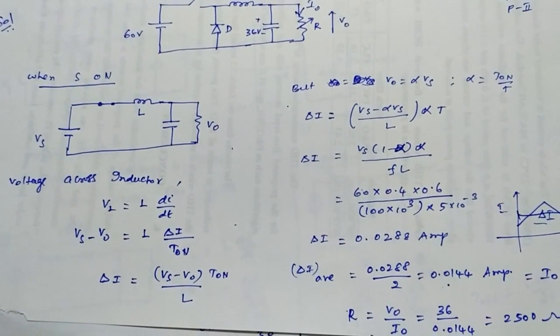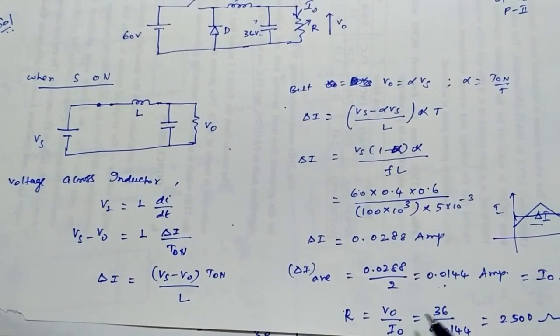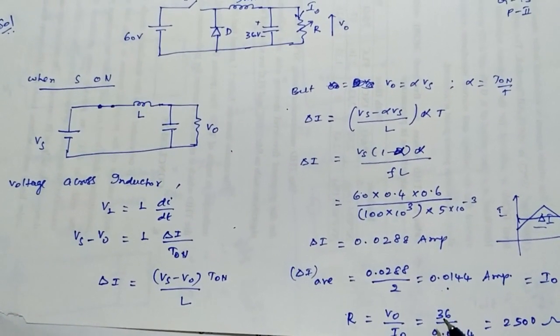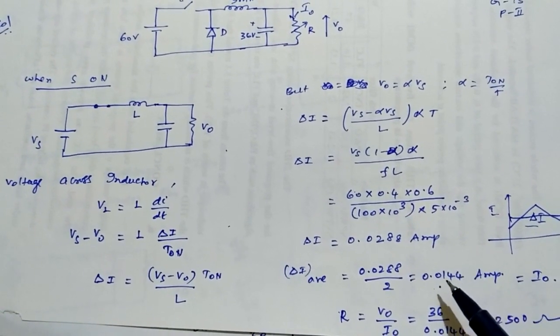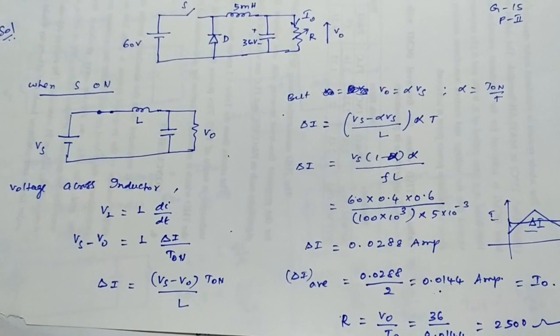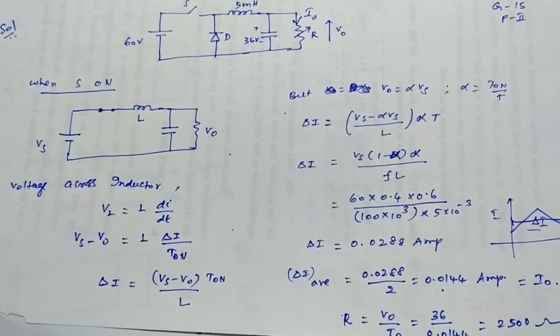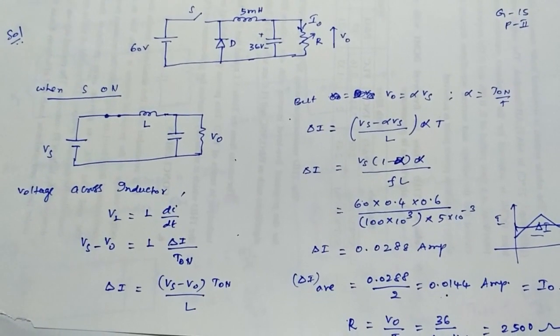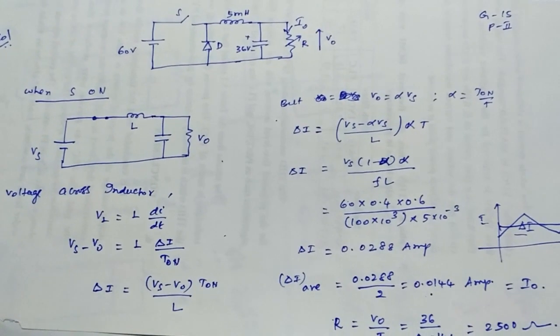Now we know resistance is equal to voltage over current. The output voltage is given as 36 volt and substituting the output current we got, the variable resistor value which will give 36 volt is 2500 ohm.